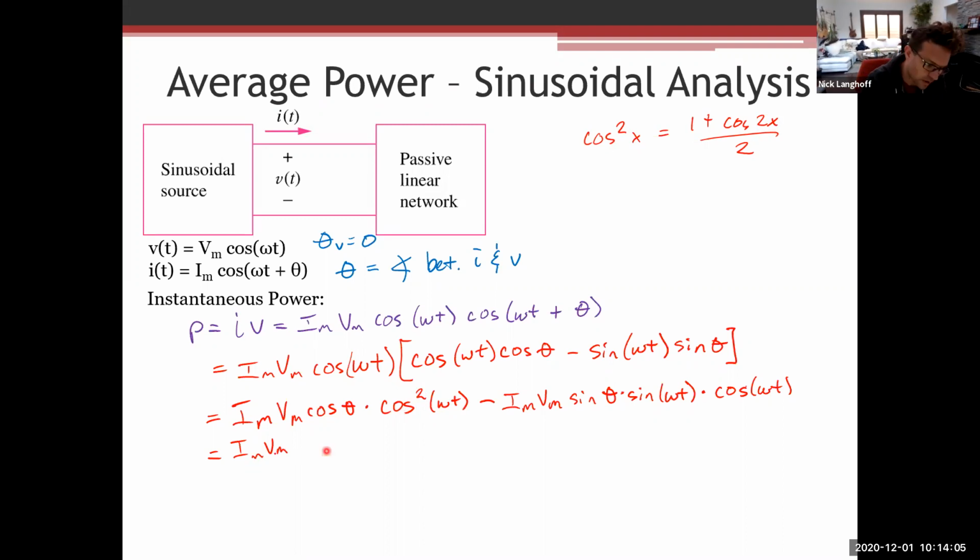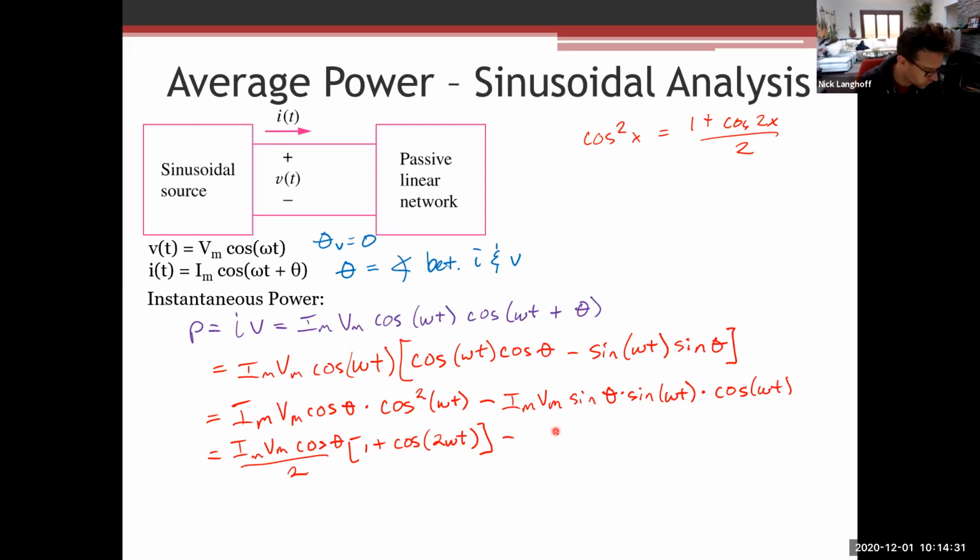So this is going to be 1/2 Imax Vmax times the cosine of theta all over 2 times 1 plus cosine of the double angle, which is really just twice the frequency. Okay, so we've used that trig identity.